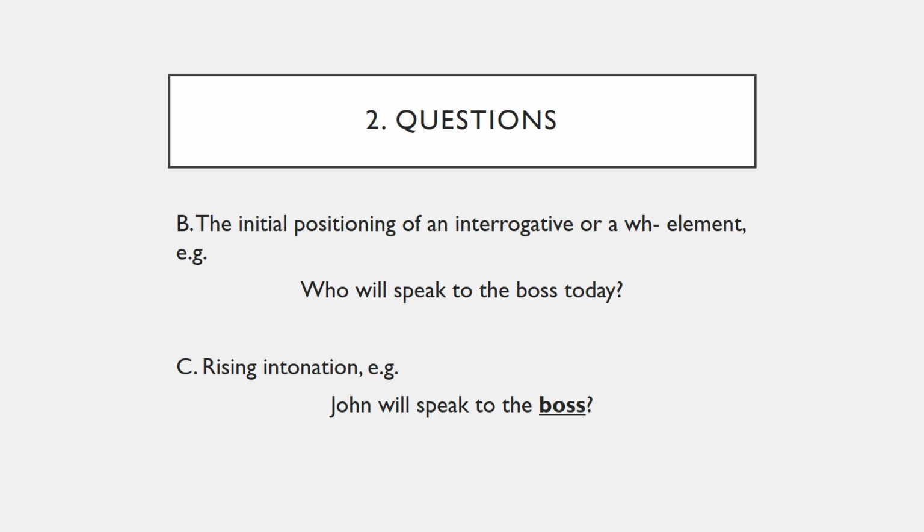For example, who will speak to the boss today? Who will speak to the boss today? So you see here, this is a WH question because it starts with the WH word who, followed by the auxiliary will. And after will, here we do not have a subject because we are asking about the subject.